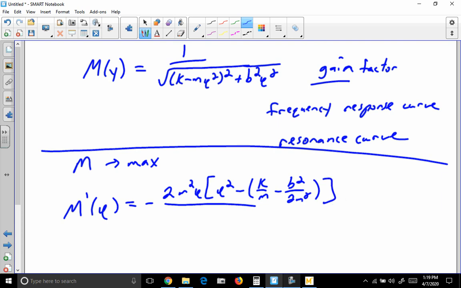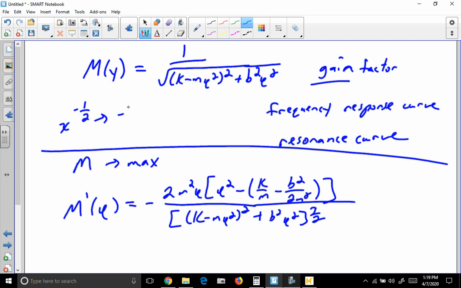That's the numerator. On bottom, we have our (k minus m gamma squared) squared plus our b squared gamma squared, and that's to the 3/2 power on bottom. If you think about it, that's to the 1/2 on bottom, or that's to the negative 1/2, when we take the derivative of that, we bring the power down.